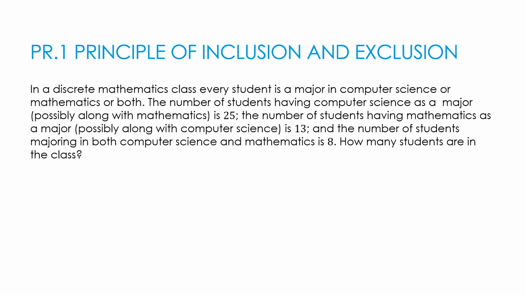So again, I would start by taking a look at the fact that we have 25 who are in computer science as a major. So the cardinality of A is 25 if I let A equal computer science. And then I would look at mathematics as a major is 13. So the cardinality of B is 13.